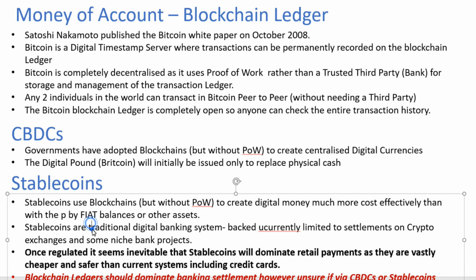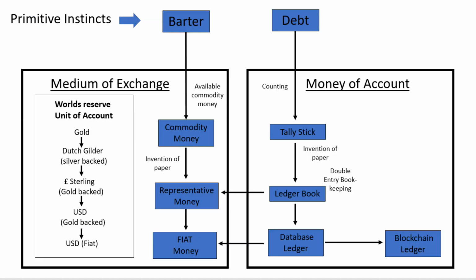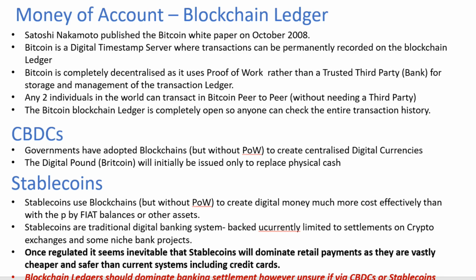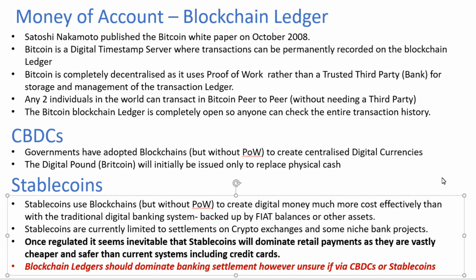So be in no doubt that blockchain ledgers are going to replace the current database ledgers. It's all in the works. However, rather than that being in the form of Bitcoin, it seems likely that the world government and the world financial system won't be using Bitcoin.